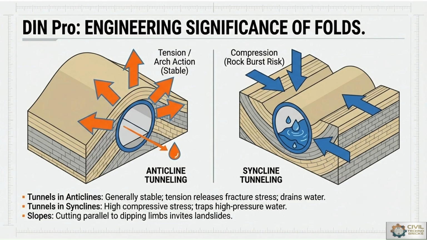In tunnels in syncline folds, high compressive stresses occur, which also traps high-pressure water. In the diagram, first, anticline tunneling, where a tension or arc section occurs which gives stability to the tunnel, with forces acting away from the tunnel. Second, syncline tunneling, where the whole pressure acts towards the tunnel as compression. Due to that, there will be rock burst risk in future.